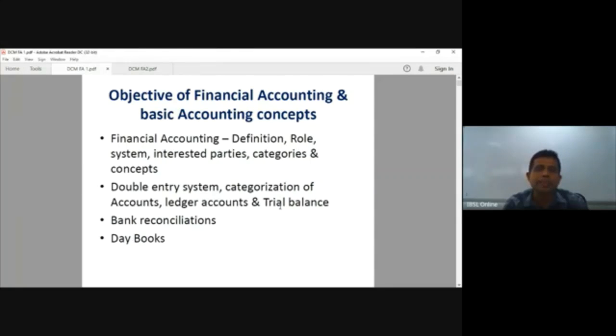In order to analyze the financial statements of a given entity, you need to know the basic concepts of accounting. If you don't know the basic concepts of accounting, it will be very difficult for you to analyze and interpret the financial statements of a given entity.